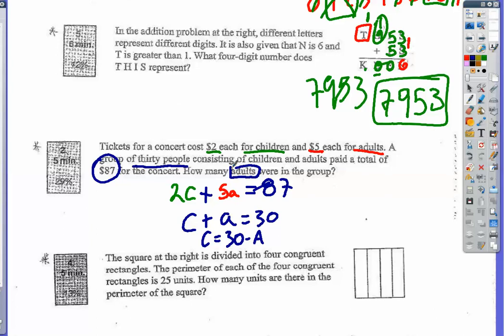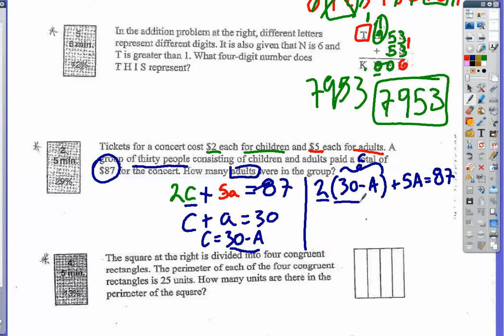Now, if C is equal to 30 minus A, what can I write instead of this C here? 30 minus A. So we have 2 times (30 minus A), because this is C, plus 5A is equal to 87. So when you have a number next to a parentheses, it means you're multiplying.